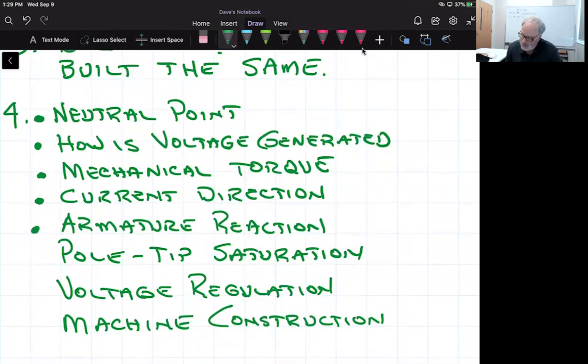Something called armature reaction, something called pole tip saturation, something generally called voltage regulation, which is an important characteristic for electrical machines, and then generally just understanding how this electrical machine is constructed. All of those will lead us to important things as we move forward in this course and understanding electrical machines.